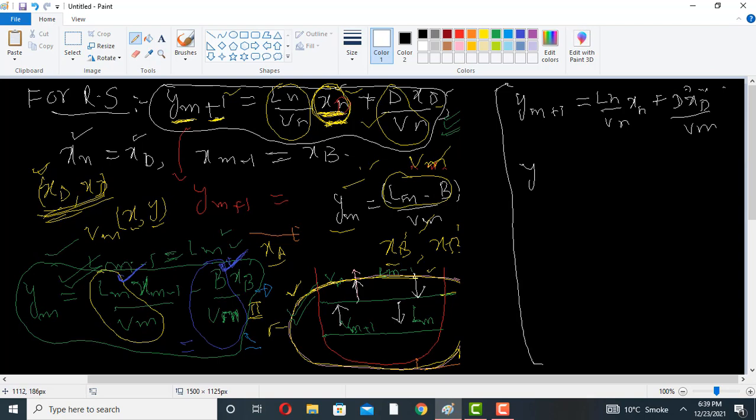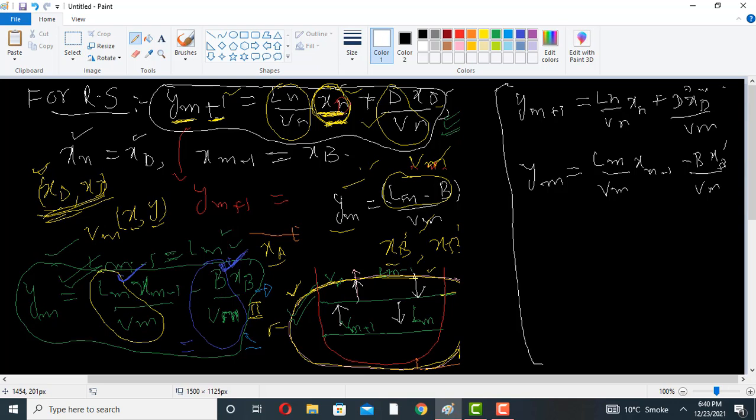And for the stripping line, Ym is equal to Lm divided by Vm times Xm minus 1, minus B times xb divided by Vm. So these are the two important equations in the distillation process. Remember these two equations.